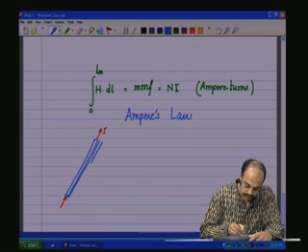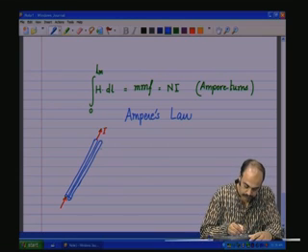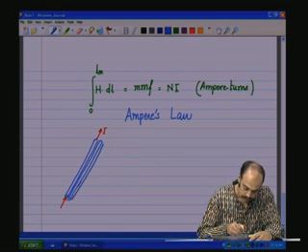Number of such similar conductors, and so on.